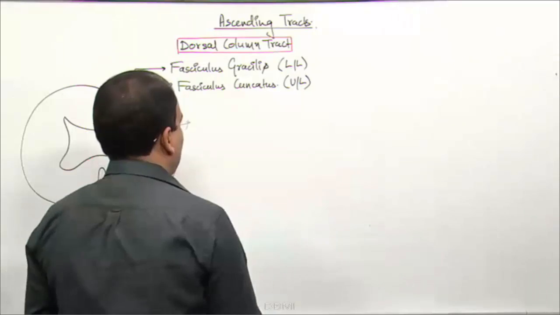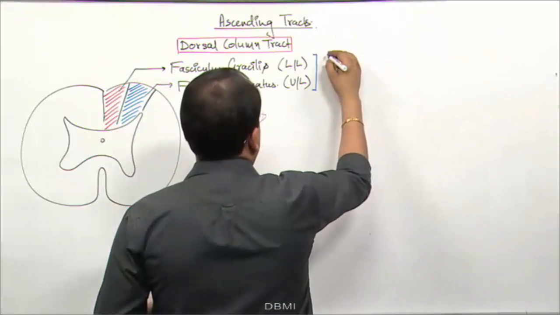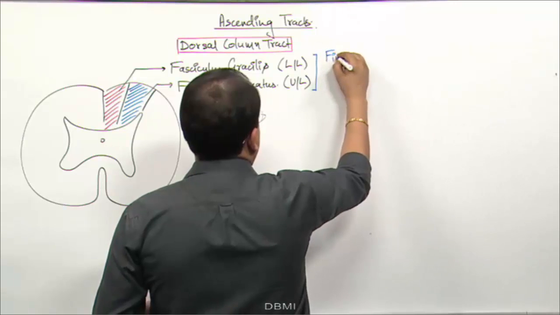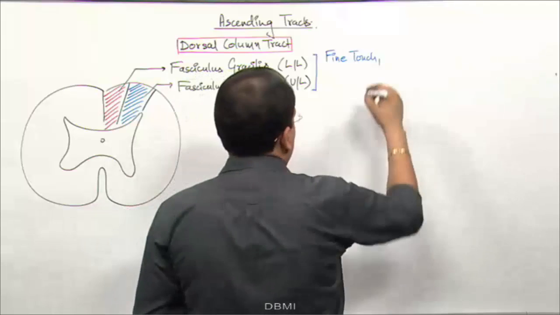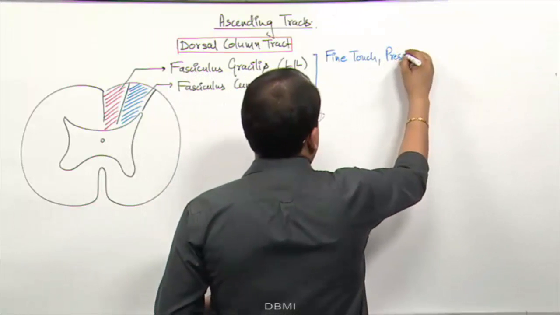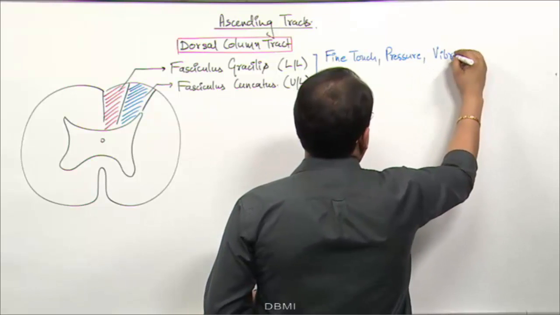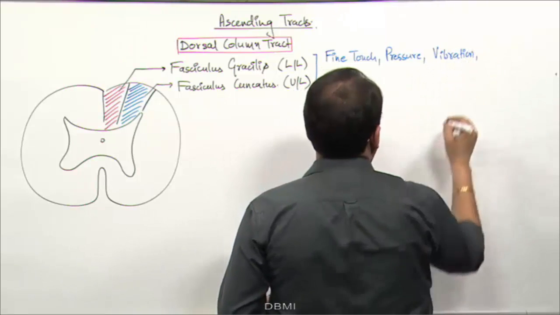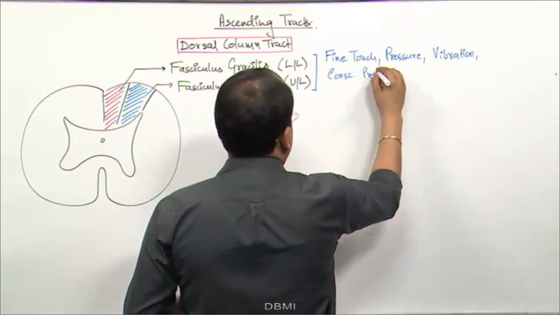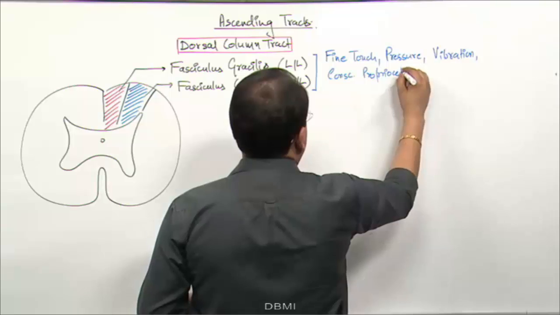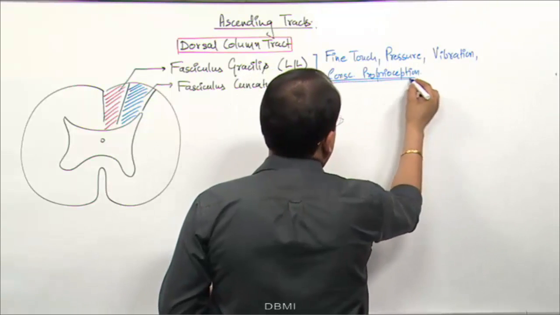The dorsal column tract is responsible for carrying fine touch, pressure to an extent, vibration, conscious proprioception. This is one which I want you to remember all the time, the conscious proprioception.